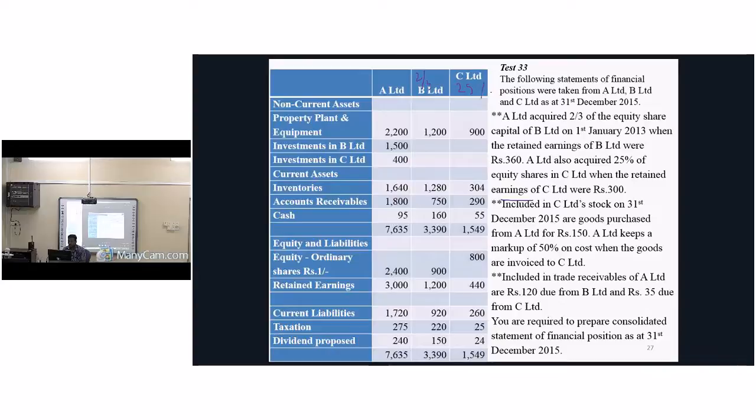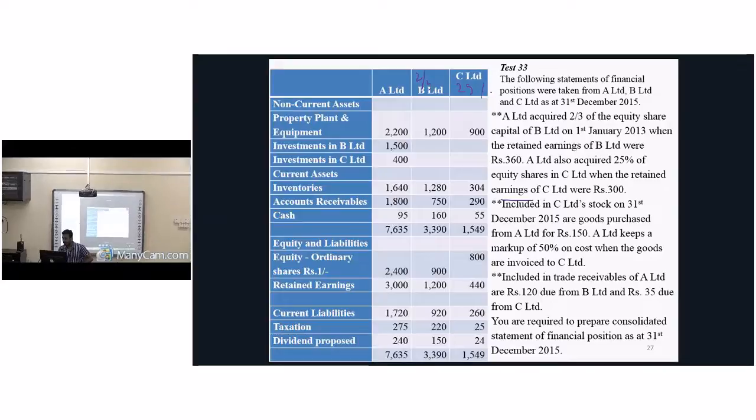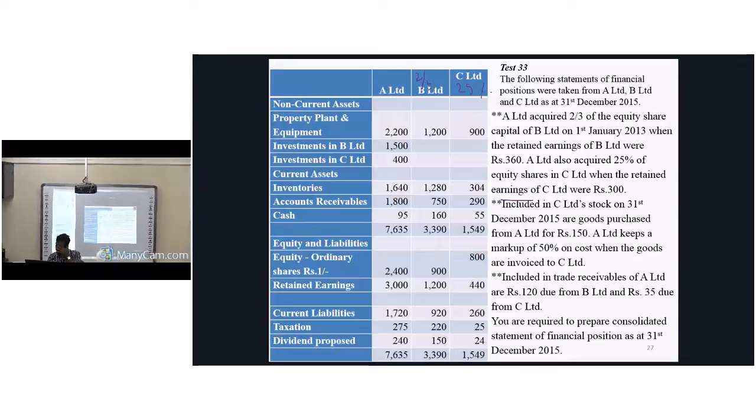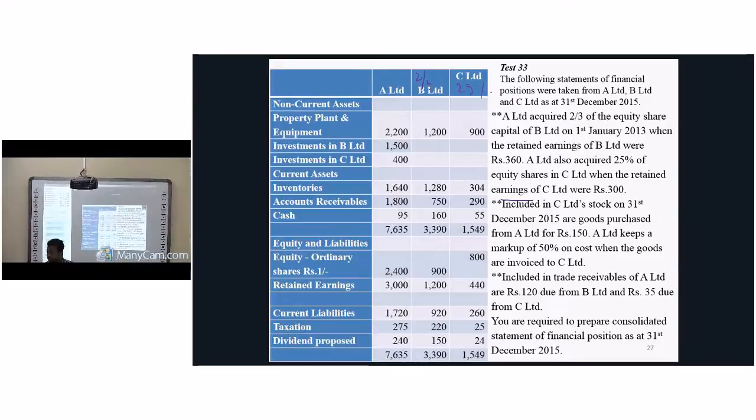Look, C Limited means associate. Remember the first point: B Limited is a subsidiary and C Limited is an associate. A sold goods to C, even though it is an associate. How much? 150. A Limited keeps a markup of 50% on cost when the goods are invoiced to C Limited.